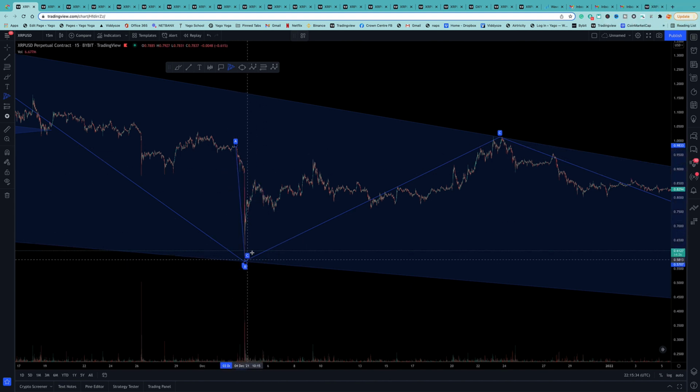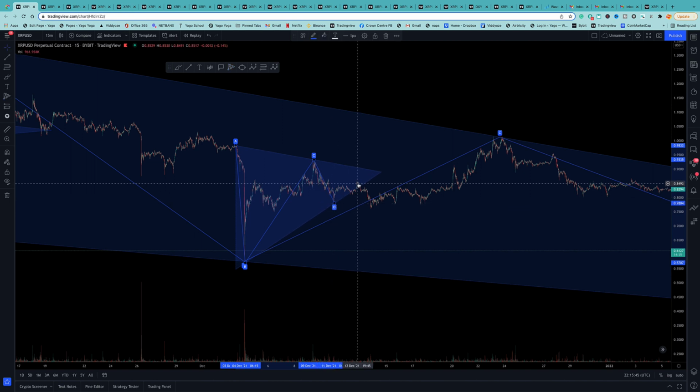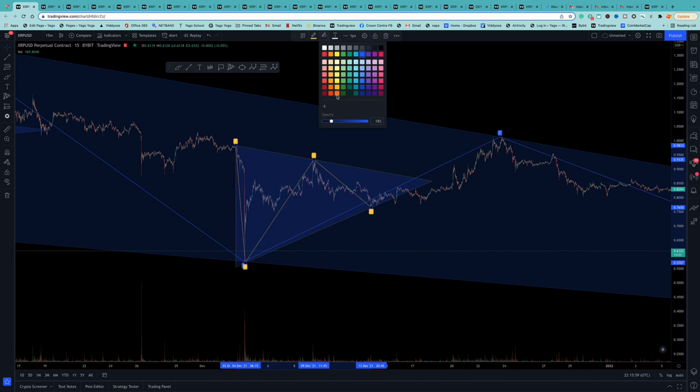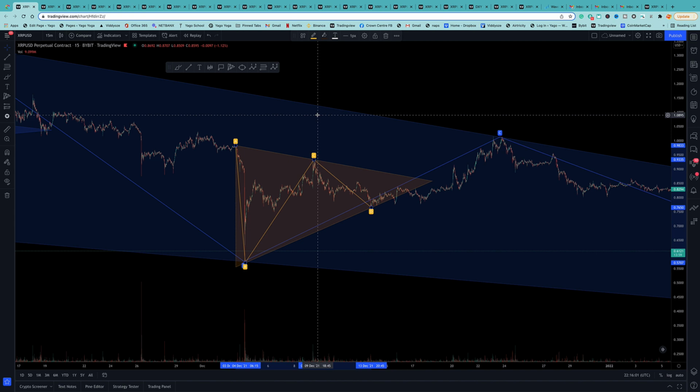There's the drop down. There's the first wave up. Here's the correction, second wave, and then down. And we'll make this yellow.